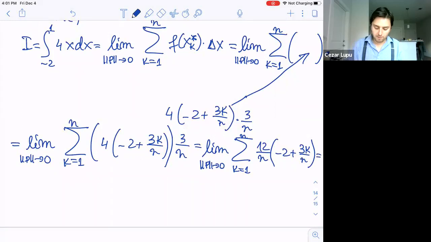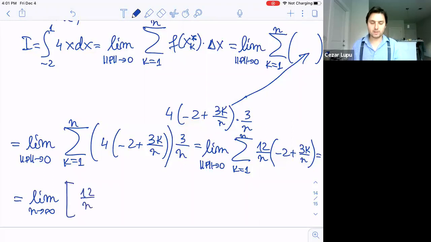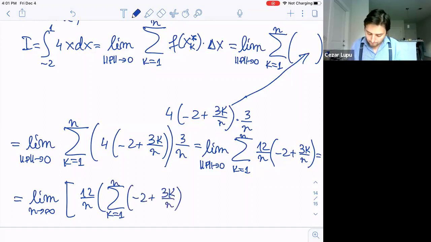And this will be further. So let's just take out that norm of P approaches 0. This would be equivalent to saying that this is the limit as n approaches infinity of 12 over n, right? We're going to take this as a factor, times the sum from k equals 1 to n of -2 plus 3k over n.